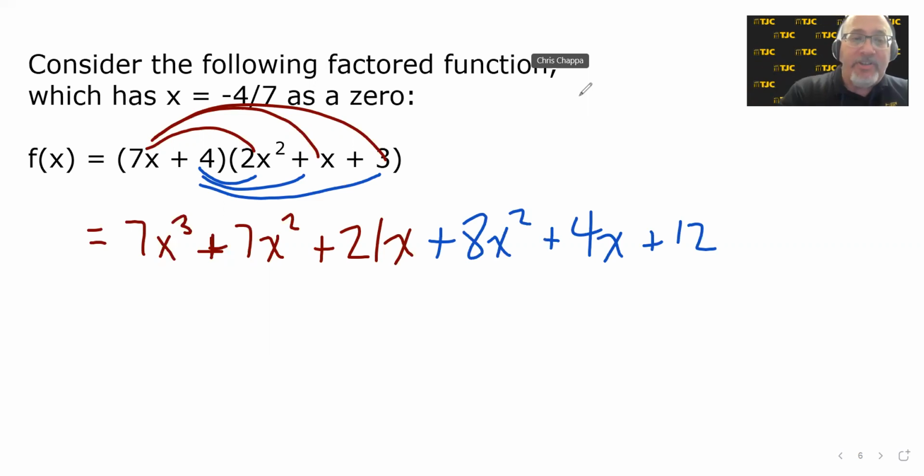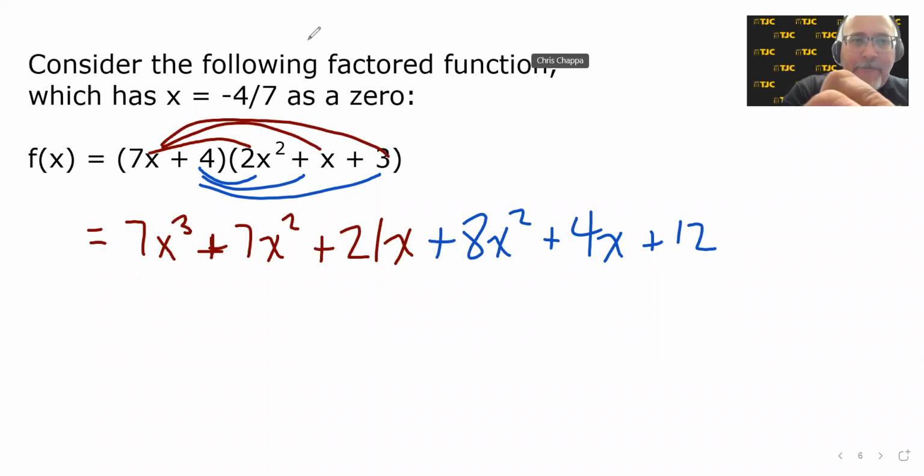And remember, what we're attempting to do, and it's got a little bit drawn over there, so I'm going to fix that real quick. What we're attempting to do is keep track of where the 7 and the 4 went that represent the 0 of the function.